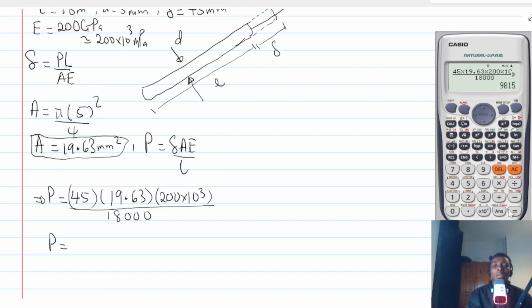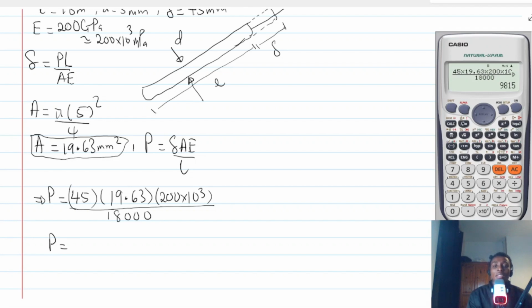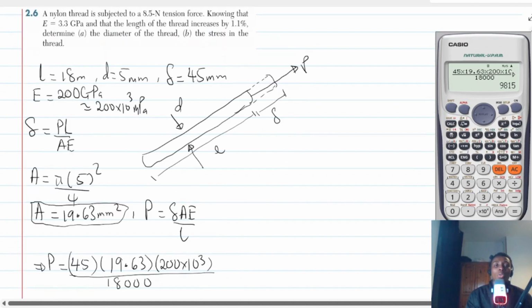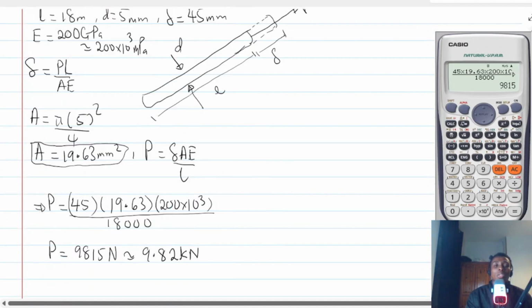So we have P as 9,815 newtons, which is the same as 9.82 kilonewtons. All right, so we know P. Again, we should find the corresponding normal stress.